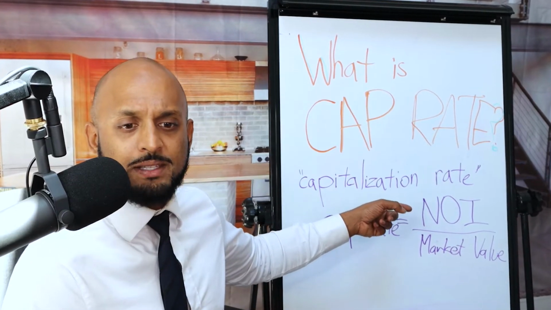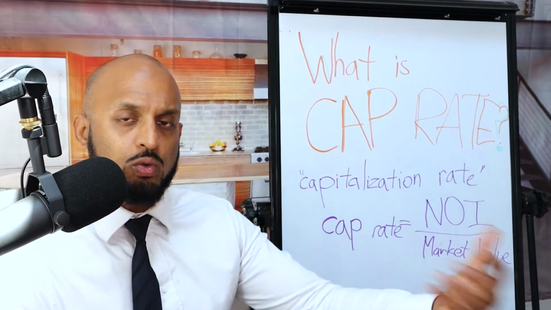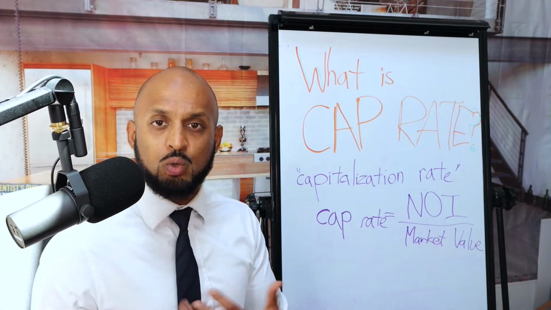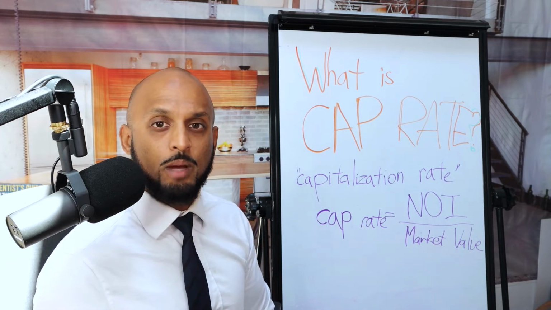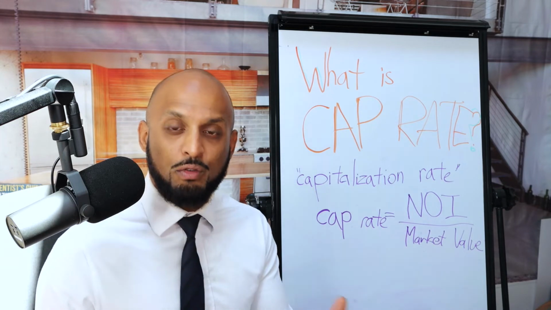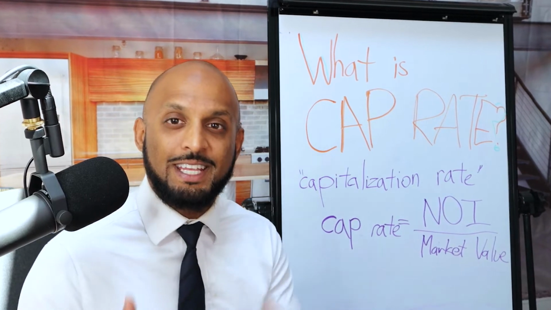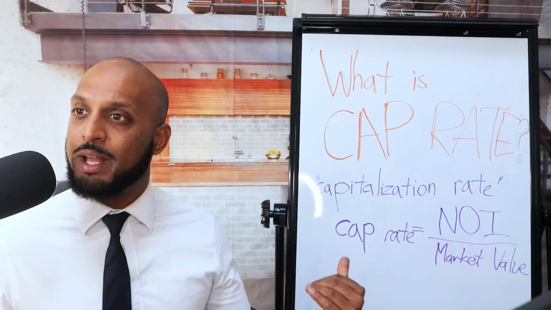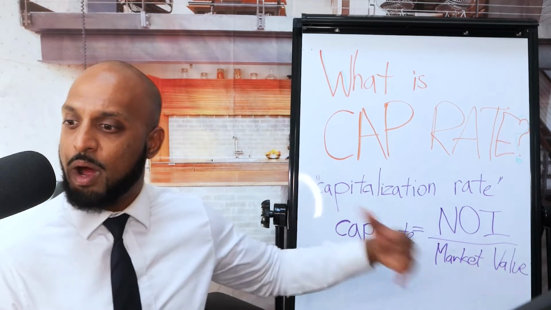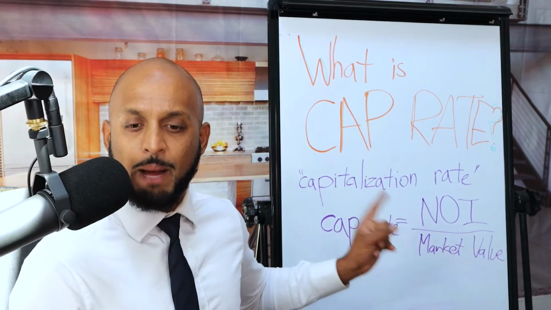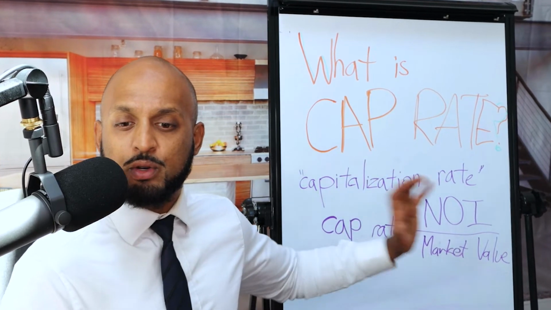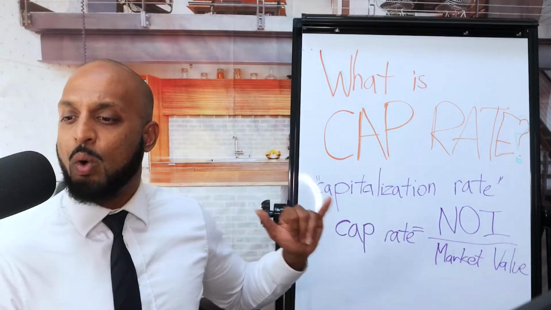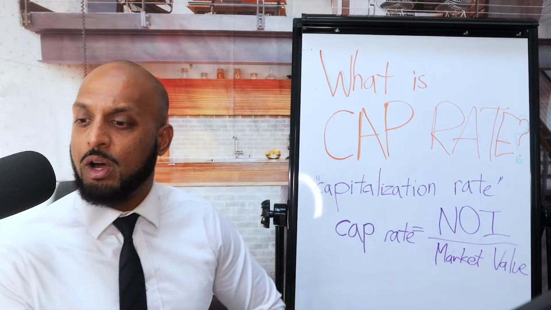NOI is when you take the gross income from a property, subtract the expenses associated with operating that property, and the number that's left over is your net operating income. Market value is what someone would pay for the asset or property in the marketplace. Dividing the NOI by the market value gives you the capitalization rate, or cap rate, which is a very common real estate metric.